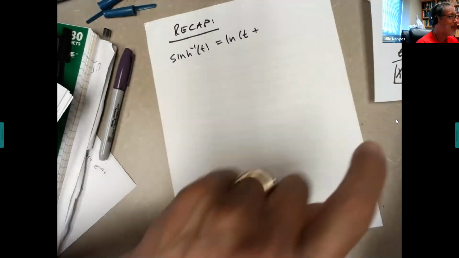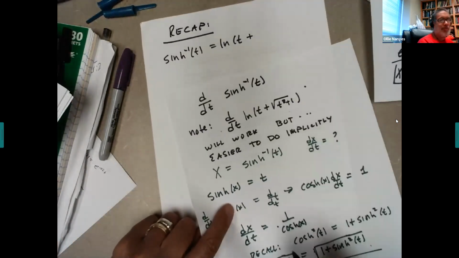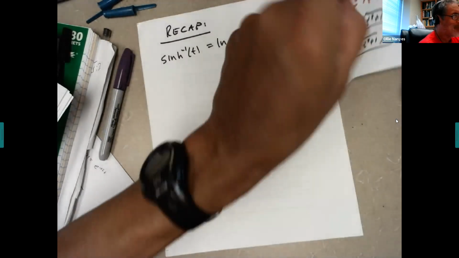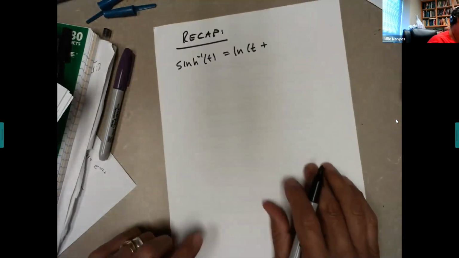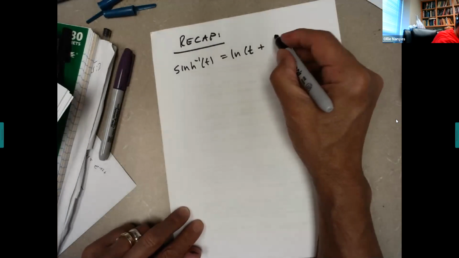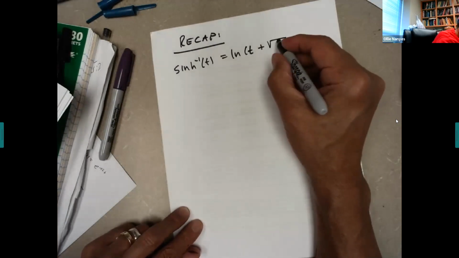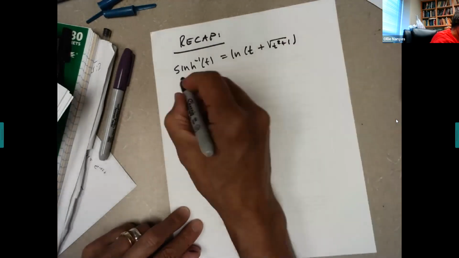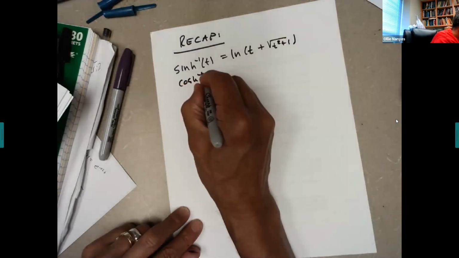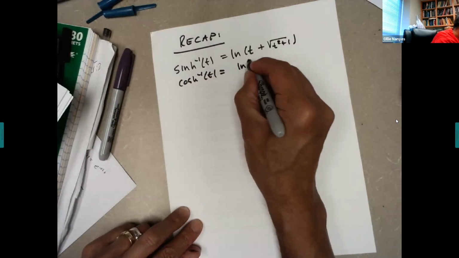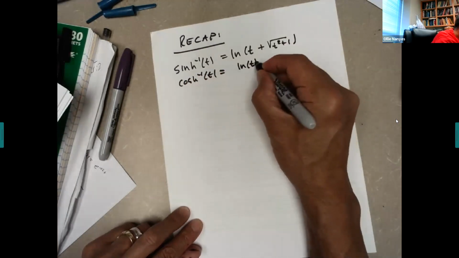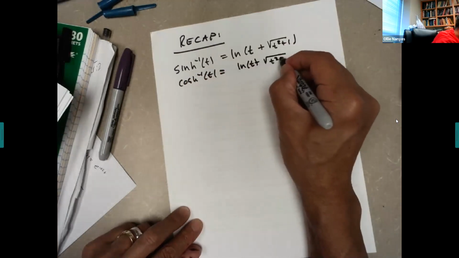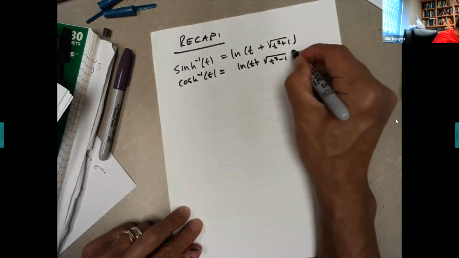Oh, I just remembered it. Very early on I screwed up. That should have been a plus. I was just thinking about that for a second, so there we go. So it's going to be the square root of t squared plus 1. Got that.